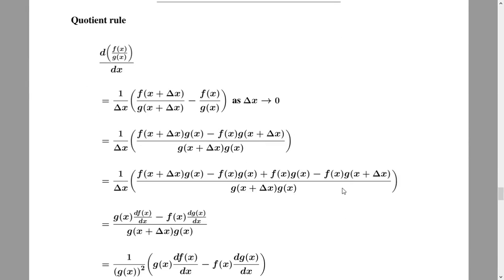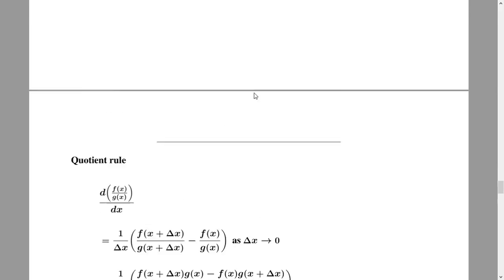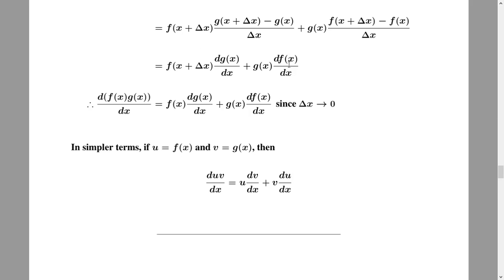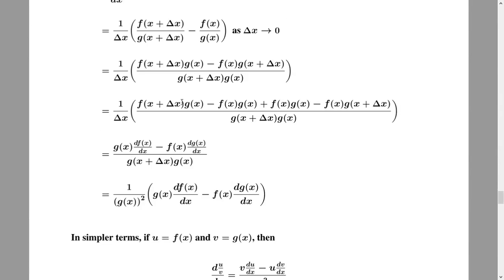Similarly, you can also find an equation for the quotient. If you have a fraction, let's say f of x by g of x, and you want to find the derivative of this fraction, the way you can do it is use the same approach as we did for the product rule. I'm not going to explain the whole thing because it's pretty much the same.